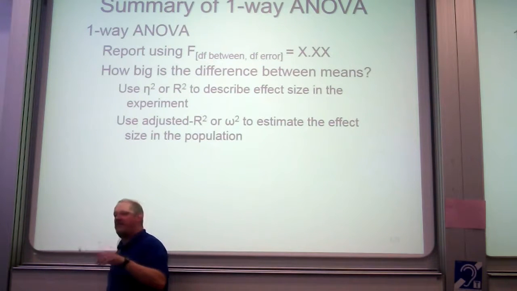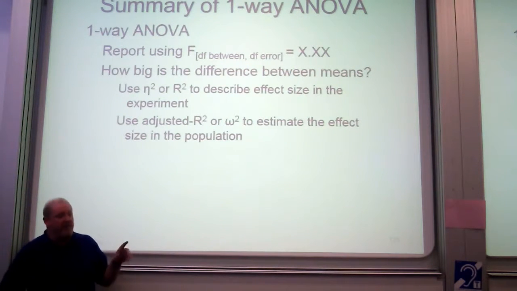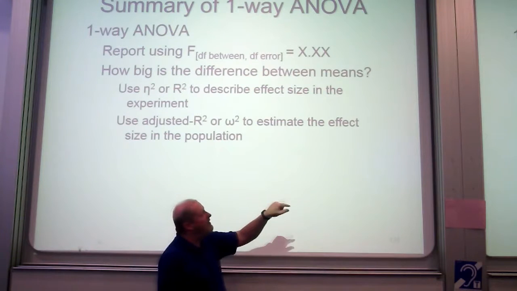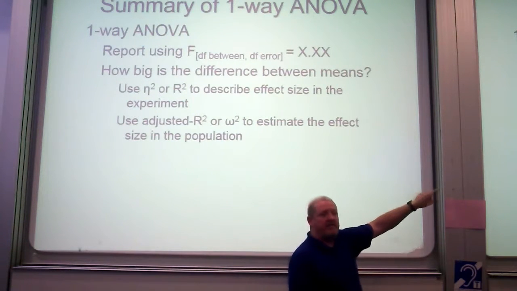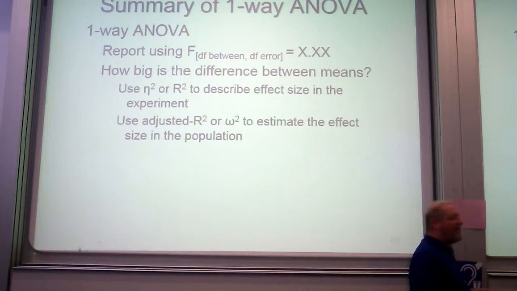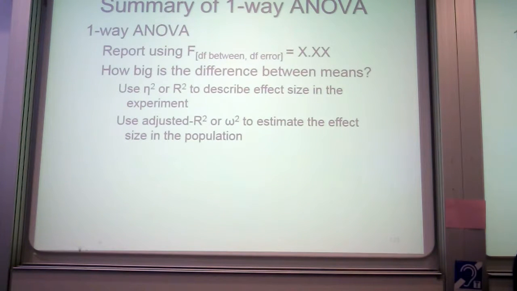So you get F, degrees of freedom between, comma, degrees of freedom of error. If that comes out as F, 1, comma, and then another number, you're actually doing a t-test. That indicates to the reader it's essentially a t-test.